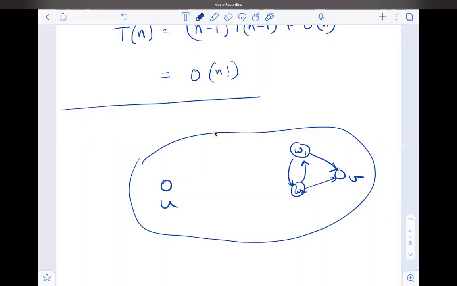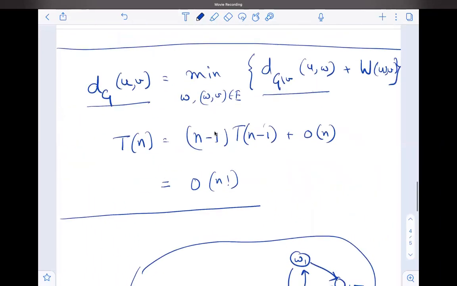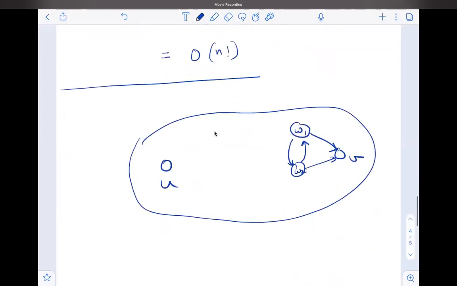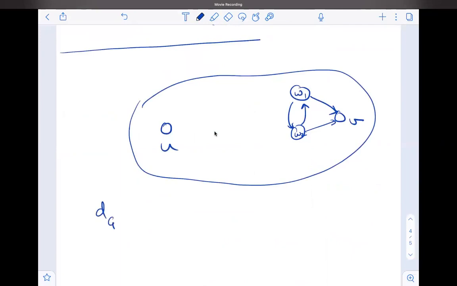When you are talking about this, you will be doing d of G minus v, of u to w1, and you will also do d of G minus v, of u to w2.